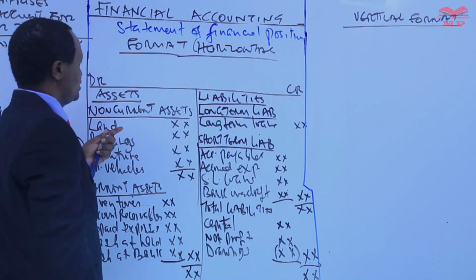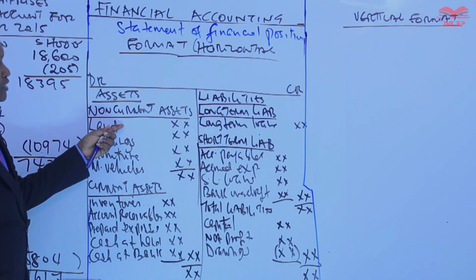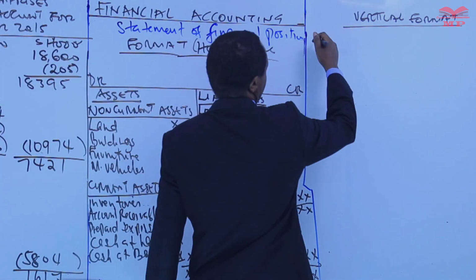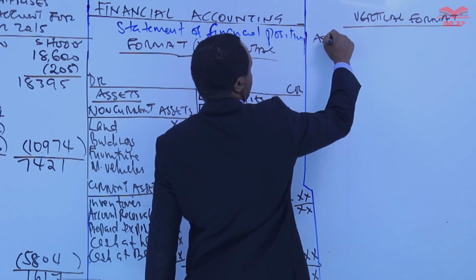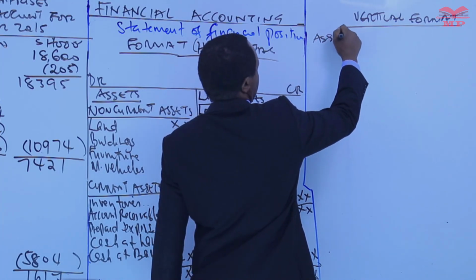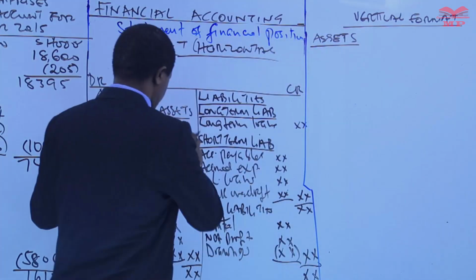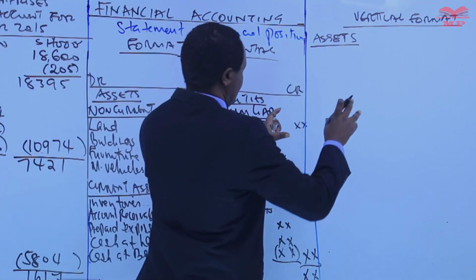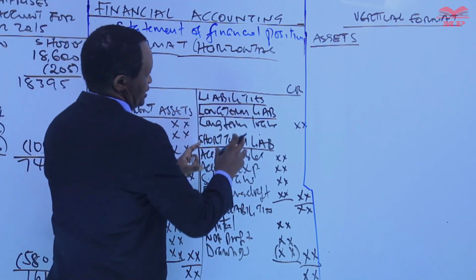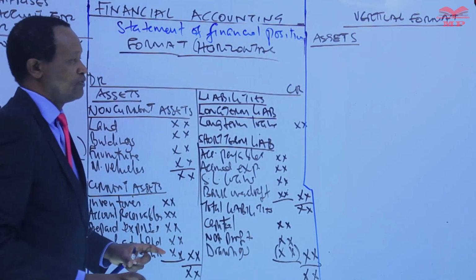So we begin with the assets. So we're going to have the assets first. So this, we just record them. And the assets, then below it, we have the liabilities and capital.